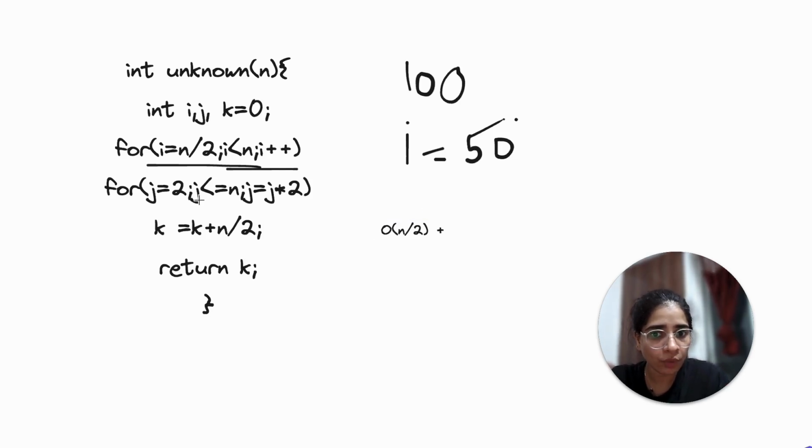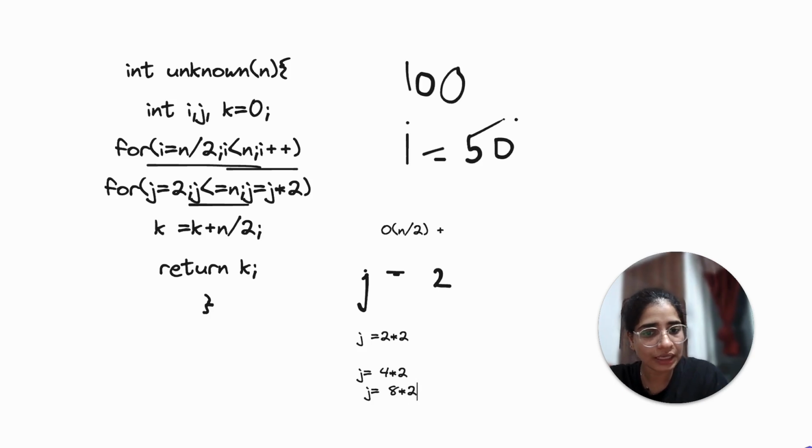So if you observe this, at the start j equals 2, j is less than or equal to n, and j equals j into 2. First time j is equal to 2, second time j is equal to 2 star 2, third time j is equal to 4 star 2, because now j has become 4 earlier. Then after that j will be 8 star 2. So it is again the power of 2.